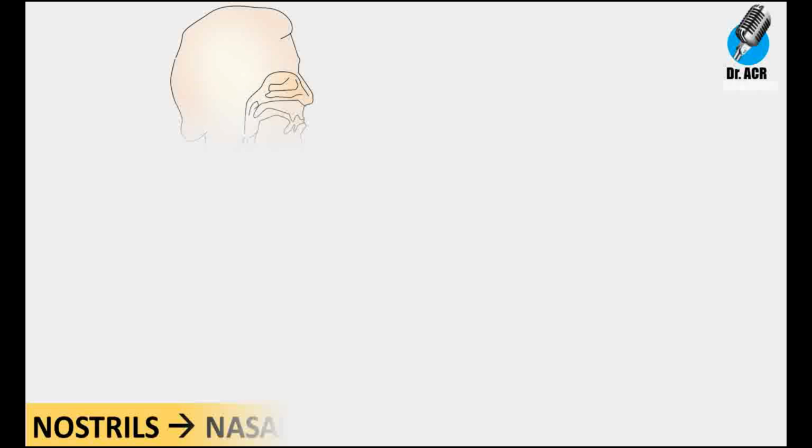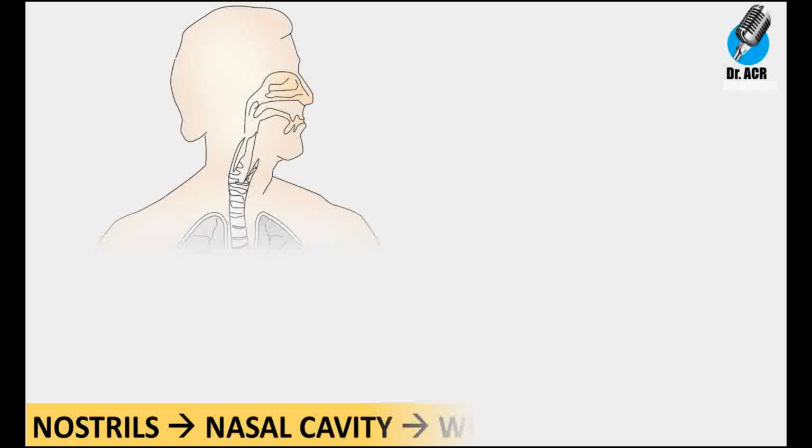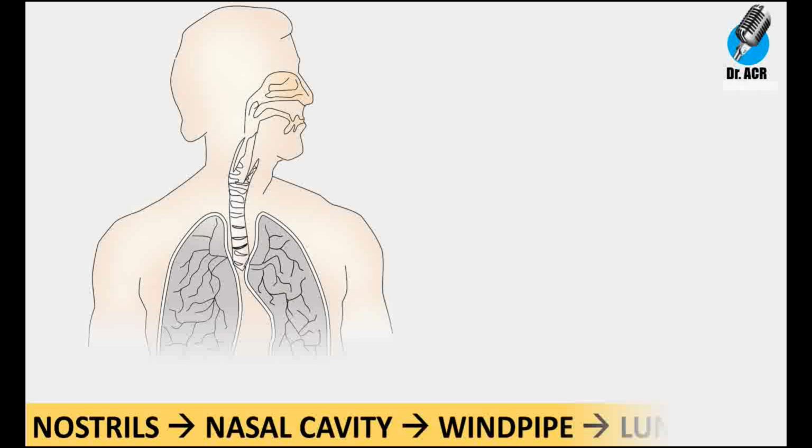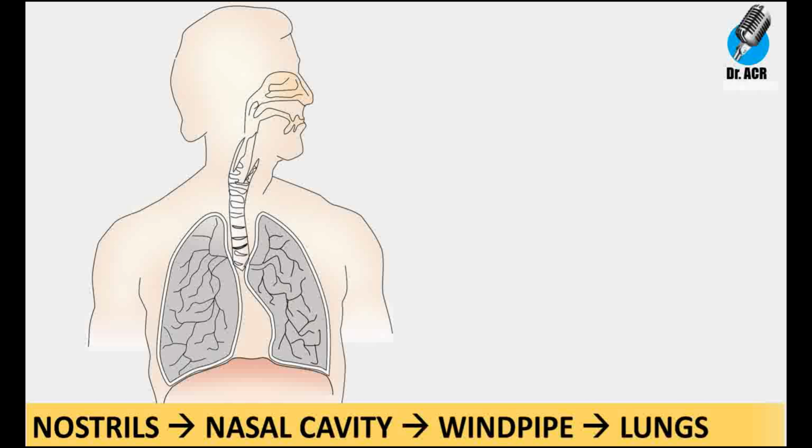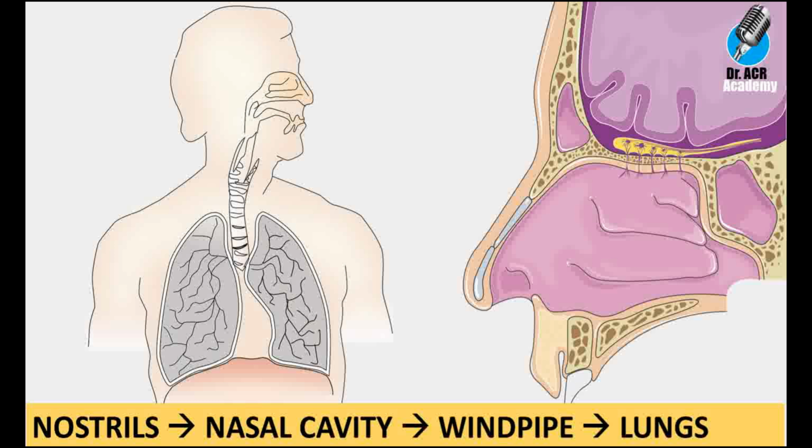Let's look at the air's travel into the body. Air enters the body through the nostrils, then passes through the windpipe and eventually reaches the lungs. Lungs are the respiratory organs present in the chest cavity.